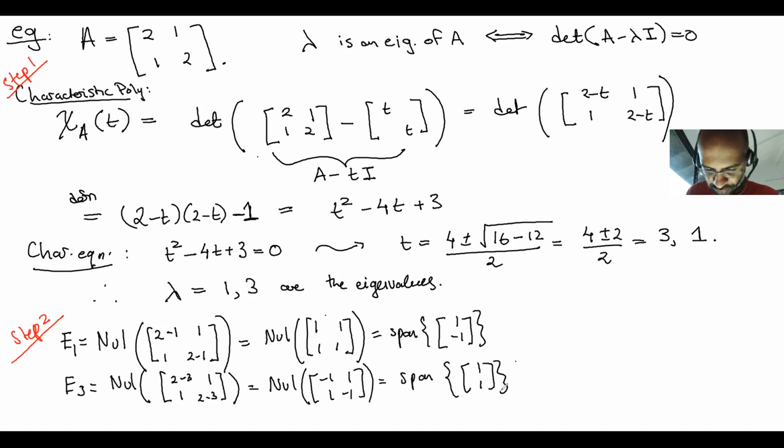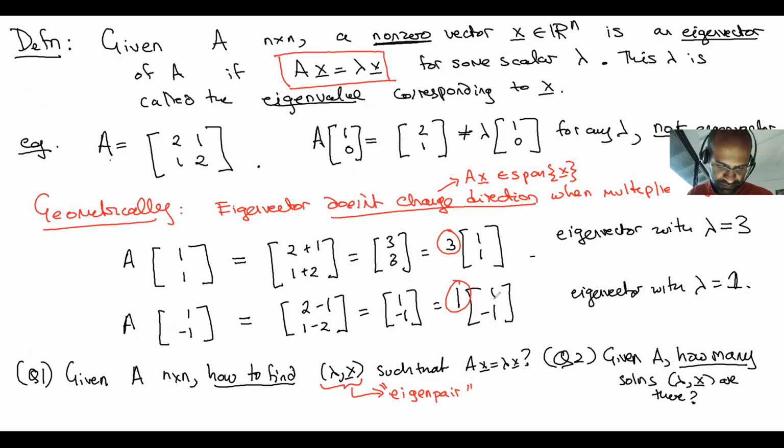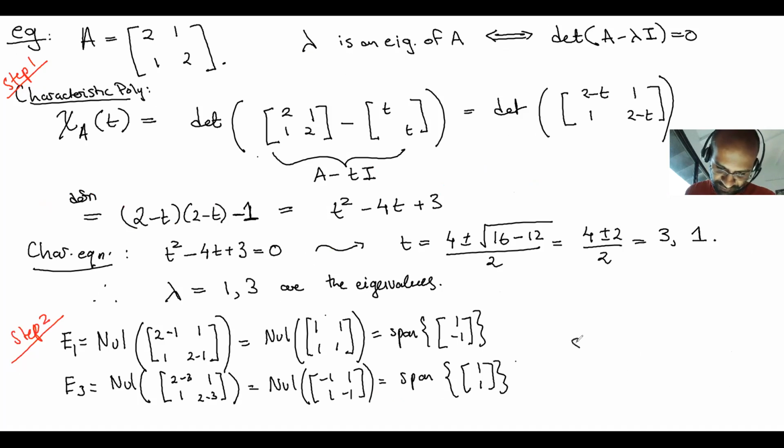I'm skipping some row reduction steps here because we know how to do row reduction. I'm not emphasizing it anymore. But this is exactly the same as what I showed you on the first slide, right? These special vectors 1, 1, and 1, minus 1. So this method worked in this example.